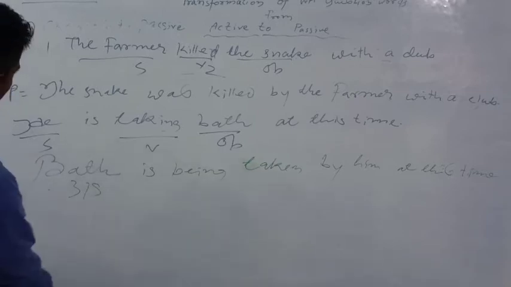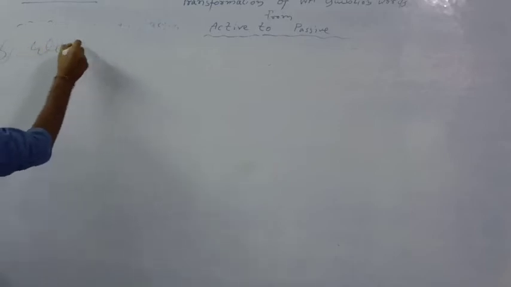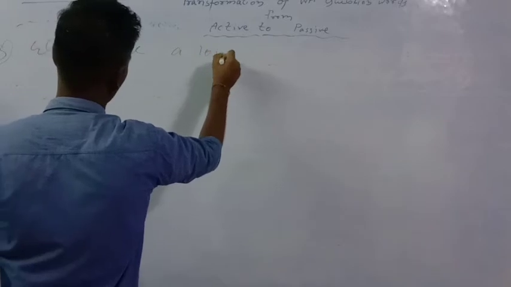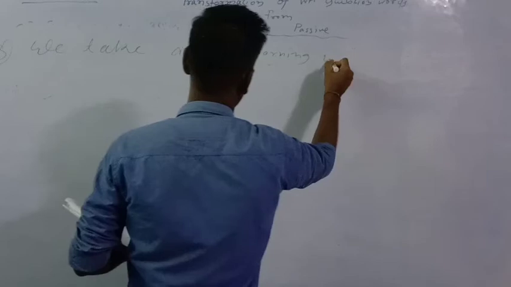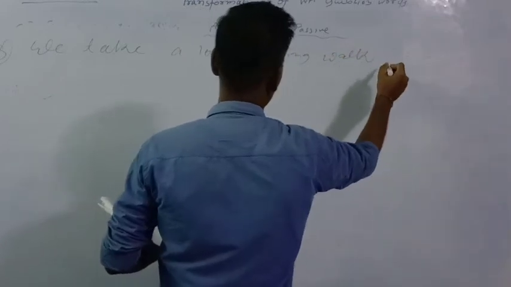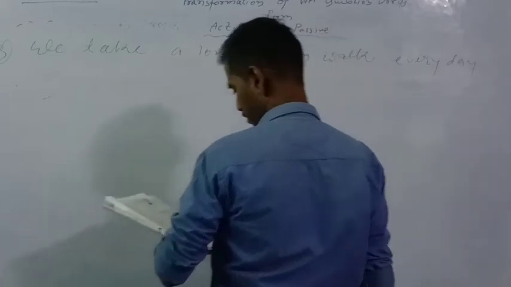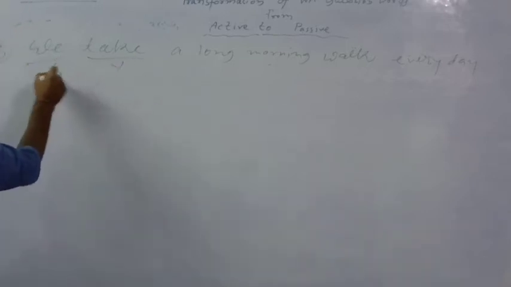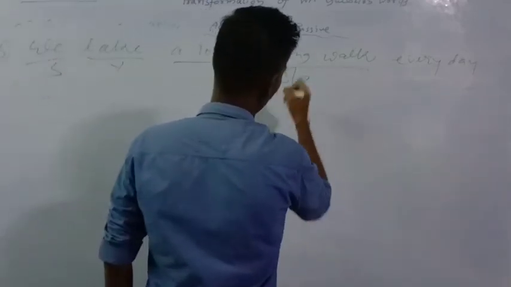All right, now let us proceed to the next question. Number 3, we take a long morning walk every day. So take is the verb, we is the subject. What do you take? A long morning walk, object.